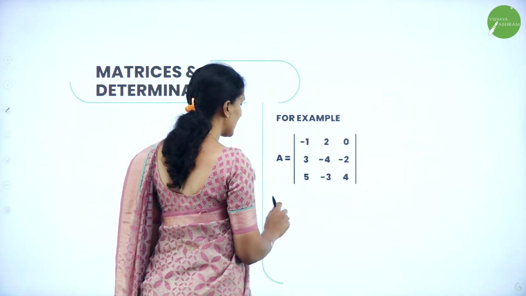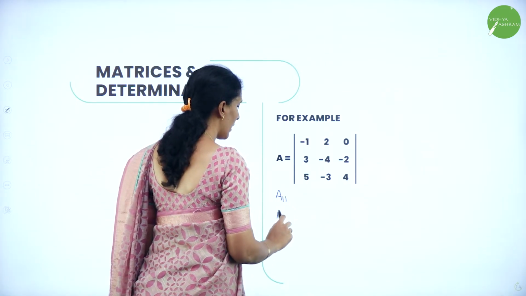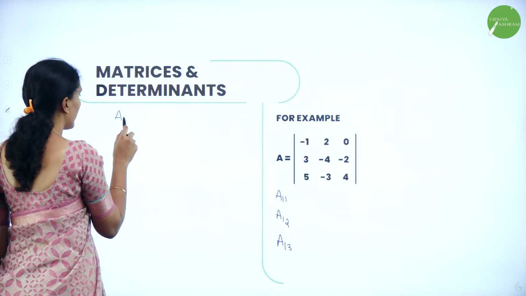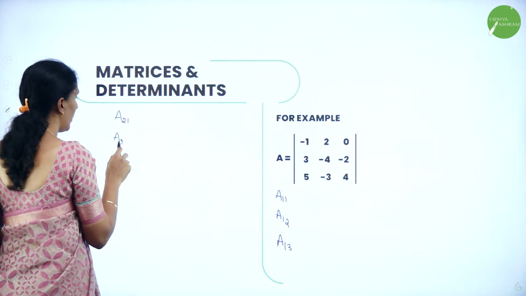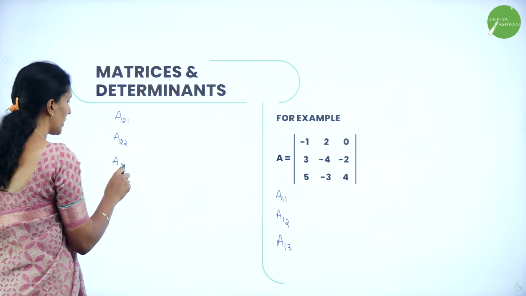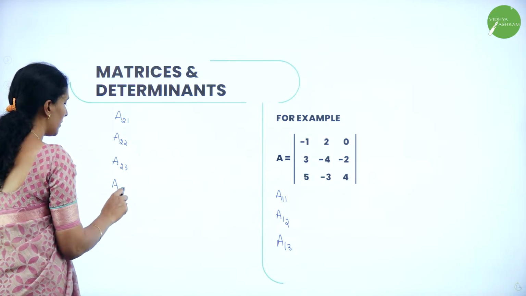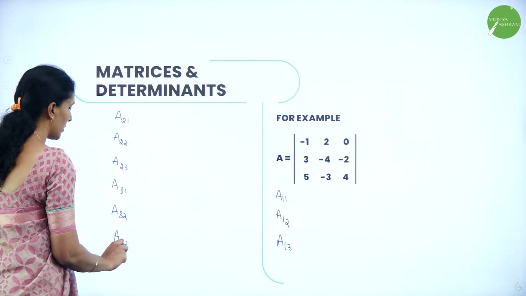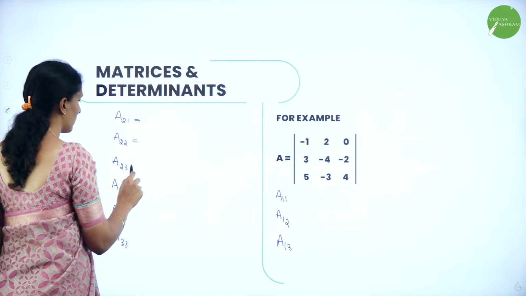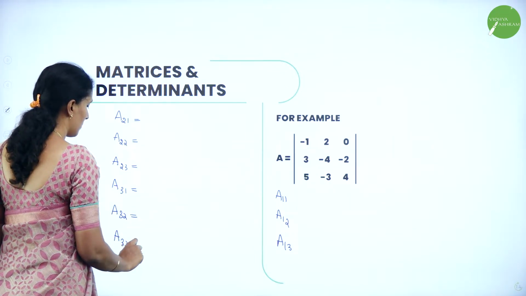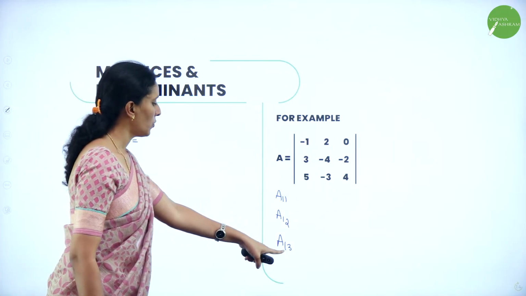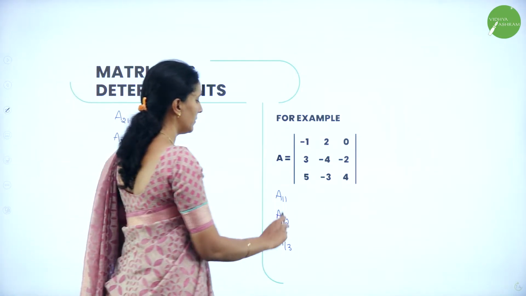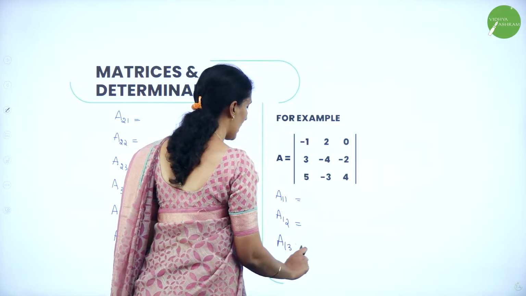I'll write this as A11, A12, A13, next A21, A22, A23, A31, A32, A33. Here 11, 12, 13 and so on represent the places of the elements, and here I will change the sign.